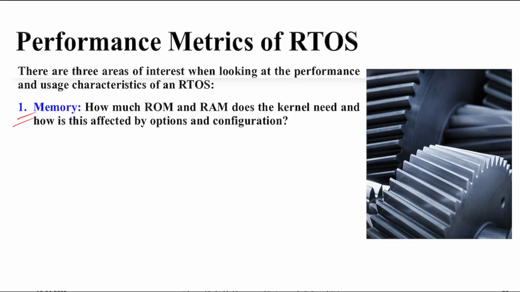Always remember, when you are using RTOS, you should keep an eye on the memory, like how much ROM and how much RAM the kernel needs, and how this affects or is affected by options and configurations that you use in your project. In simple terms, you must keep an eye on memory management.